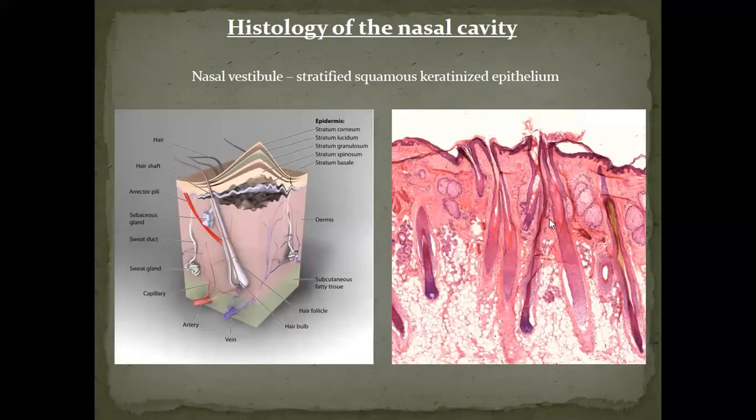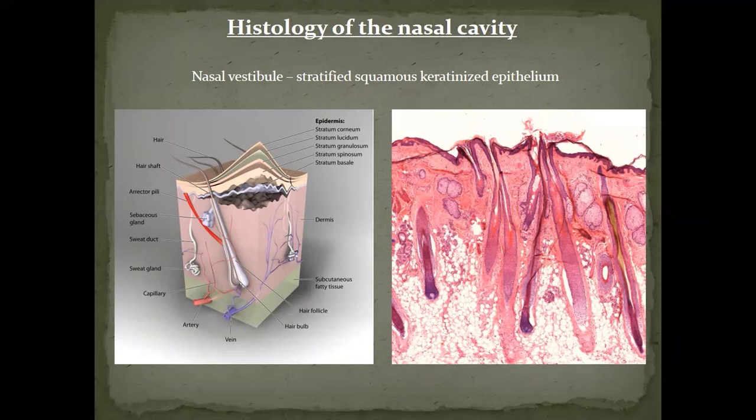This is the histological picture of a stratified squamous keratinized epithelium, the epithelium you already talked about in the histological lectures. It is stratified, meaning that only the lowest layer of the cells is in contact with the basement membrane, and the other layers are sitting on top of this basal layer.